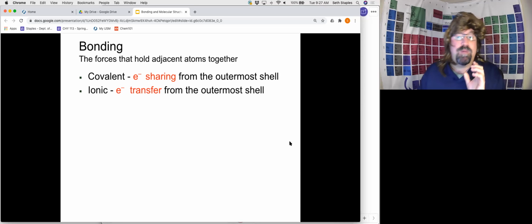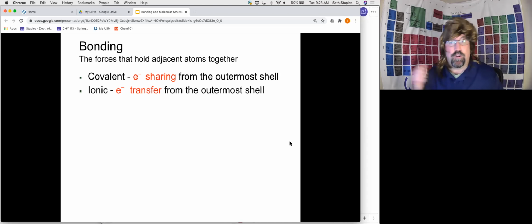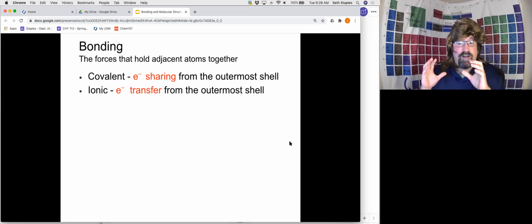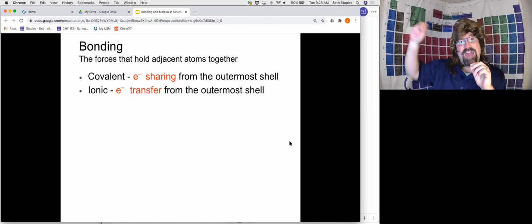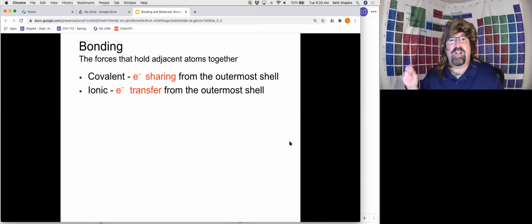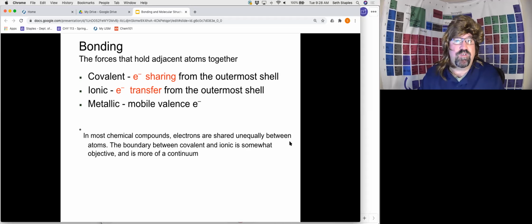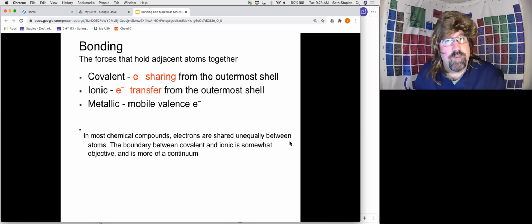So in the case of maybe the ionic bond between sodium and chlorine, we have one valence electron from sodium, leaves sodium completely, and enters into the valence shell of chlorine to form the chloride ion. Now we have a positive and a negative, and they're going to come together and hold together from that electrostatic interaction.